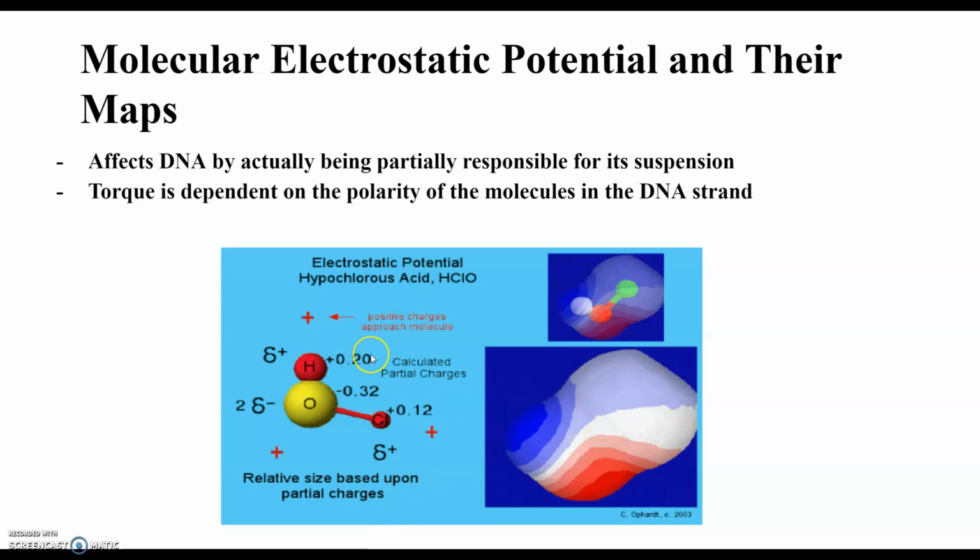And with these maps and understanding molecular electrostatic potential, we can see how polarity and polar molecules affect the torque. So a more polar molecule might have a greater torque at which its axis is spinning between the hydrogen and oxygen. So that's just another thing that affects the torsion and that torque force that's being applied to the DNA.